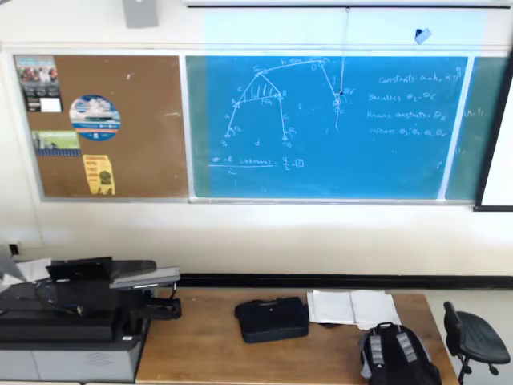Loop 2. For the loop number 2, you have two options. Either use this loop, OB, B, E, D, OD, and OB, or use this loop, OA, A to E, D, OD, and back to OA.